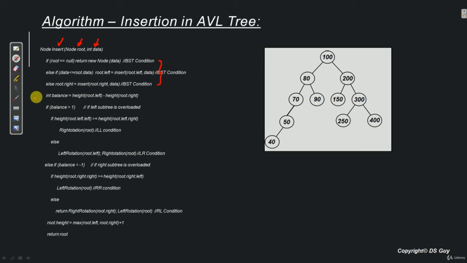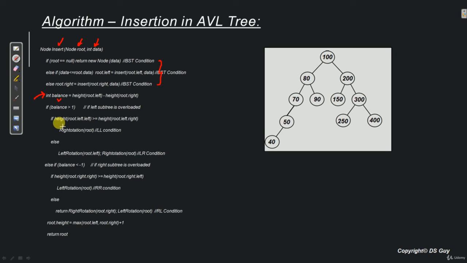Now from here onwards, the AVL tree part starts. So first we check the height of left and the height of right, and if the difference between them is more than 1, then we have a problem. Else it is already balanced, so no problem, right? So we store that in a balance variable. So if balance is more than 1, that is, if the left subtree is overloaded or the height of the left subtree is more, then what do we do?